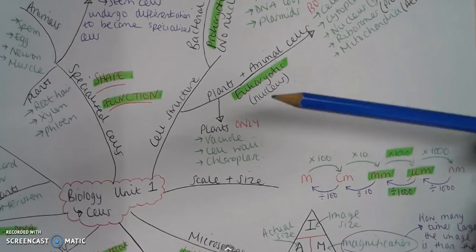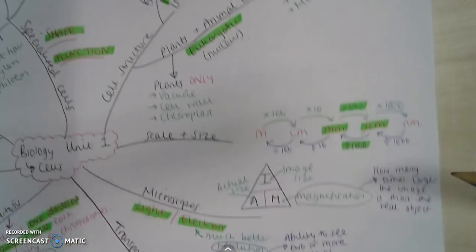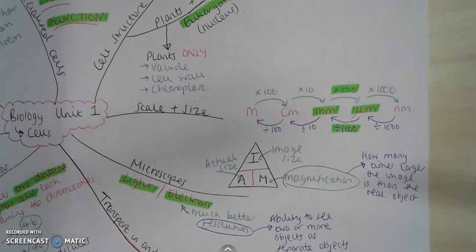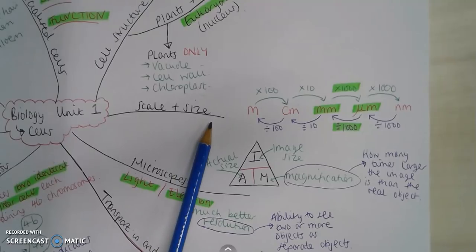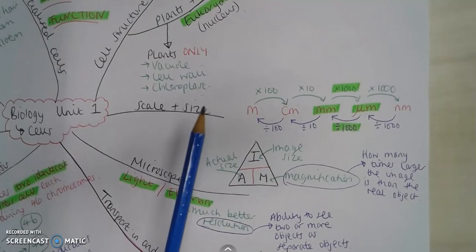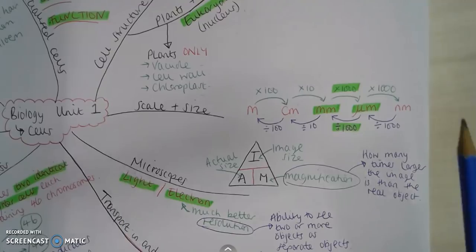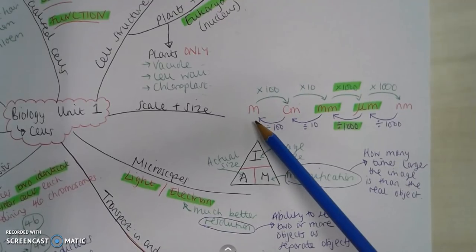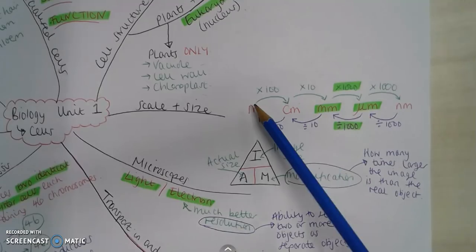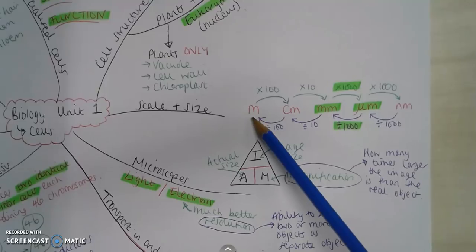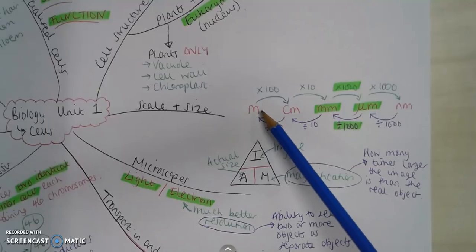Okay, so if we then move on to start to look at stuff relevant to microscopes, the key thing with this, first of all, and it ties into GCSE maths at this point, is the idea of scale and size. So we need to be familiar with being able to convert between our different measurements. So we should hopefully know that a metre contains 100 centimetres, therefore to go from a metre to centimetres you can multiply by 100.